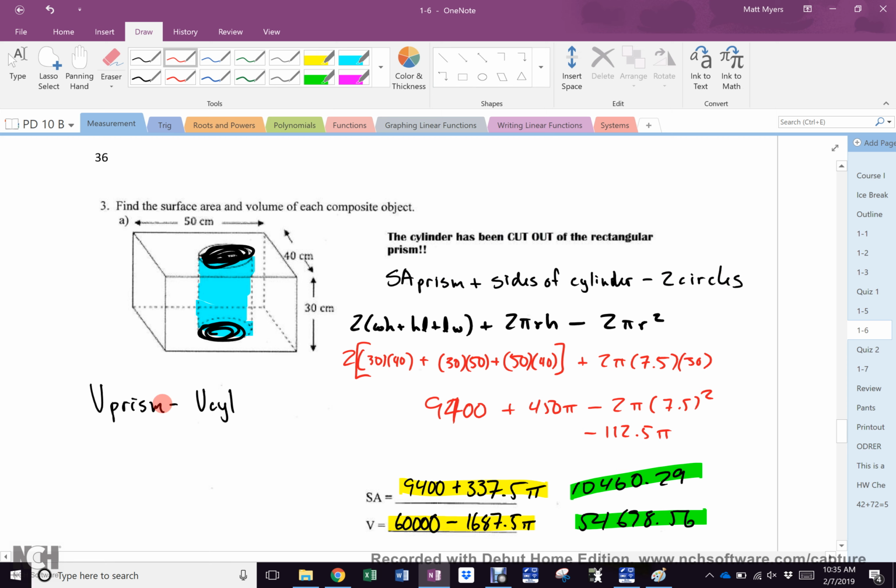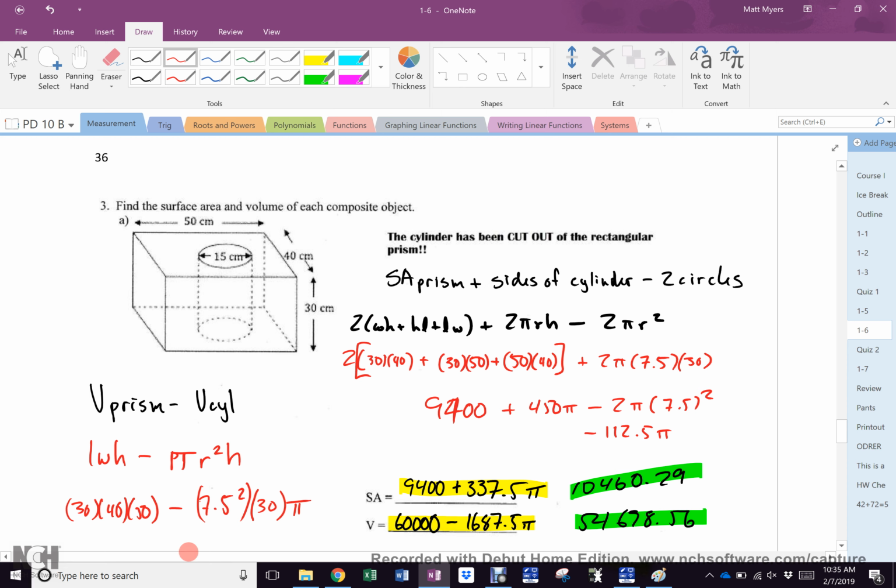In volume, was any new volume created? No, so it's just subtraction. So I have the volume of a prism, which is LWH, minus the volume of a cylinder, which is pi R squared H. So it's 30 times 40 times 50 minus 7.5 squared times 30 times pi. 7.5 squared, I can't remember what it was, but then you multiply it by 30, doesn't really matter.